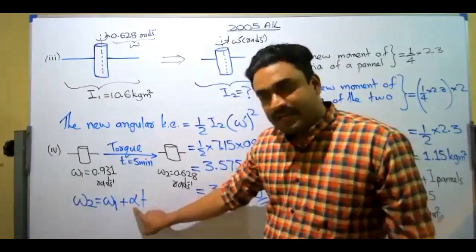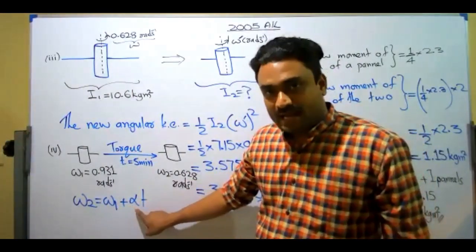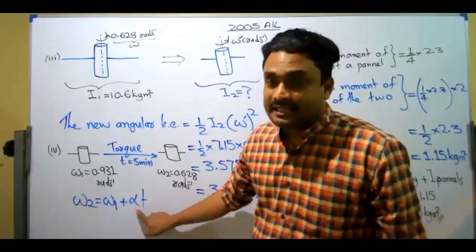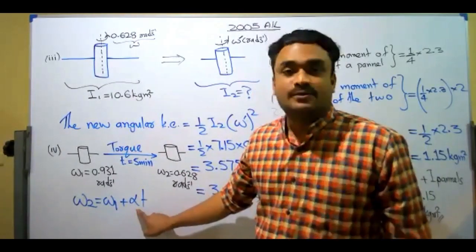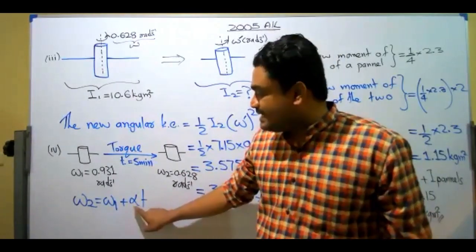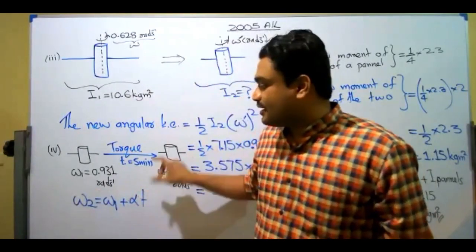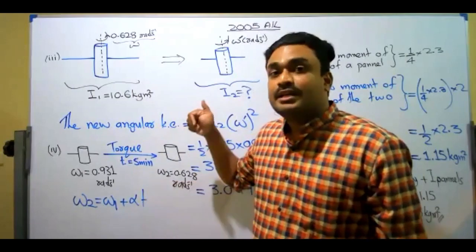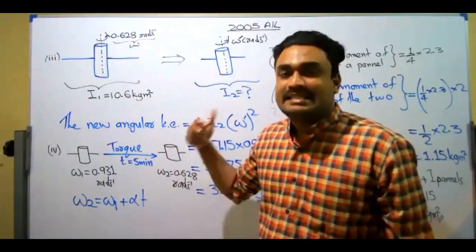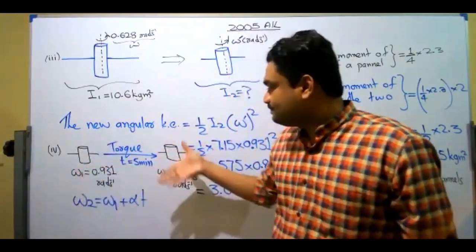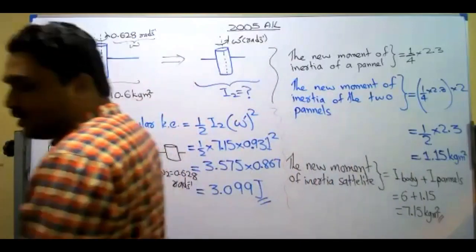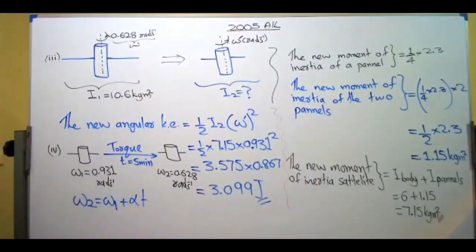If you get a minus value for alpha, it's a deceleration. Draw this figure, try to find alpha, and send your answer of alpha to my Zoom chat. Then I can check whether you have understood or not. Start there.